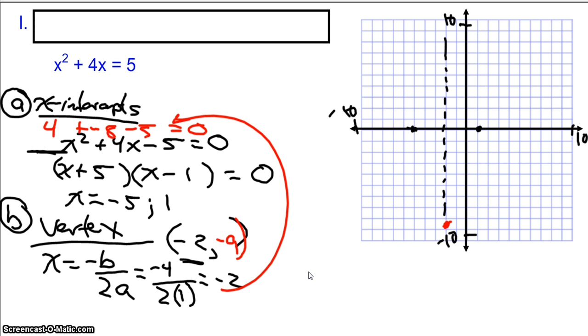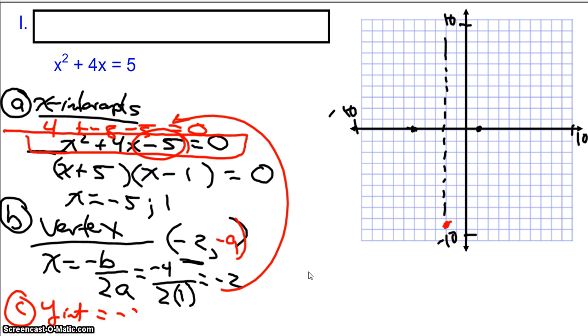And now where is the y-intercept, Sydney? This is the equation that's been written in standard form. You're going to have to use this equation. So what's the y-intercept? Negative 5, that's it. It's right there. So we'll put part C, your y-intercept is negative 5.